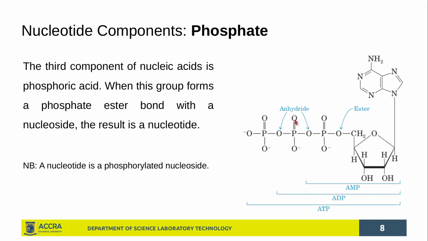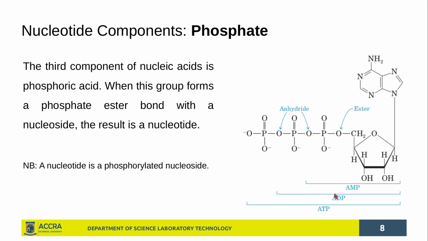If you have two phosphate groups, you have adenosine diphosphate. If it is three, then you have adenosine triphosphate. Take note that the nucleotides that you find in nucleic acids are all monophosphates. They have only one phosphate group.